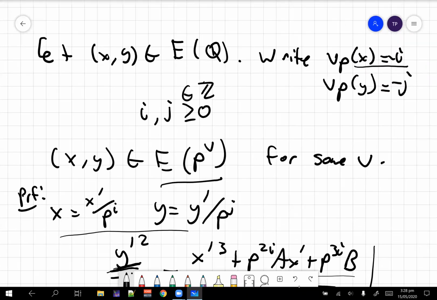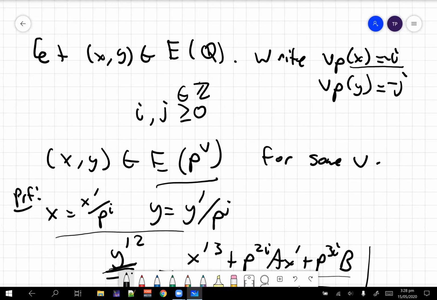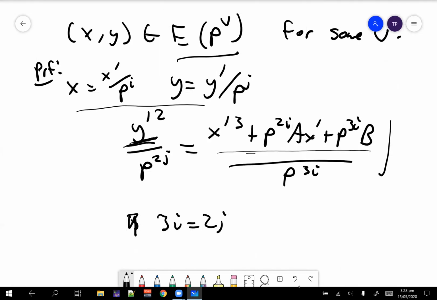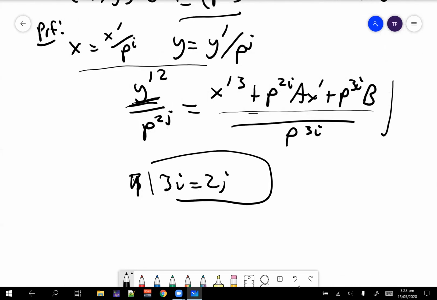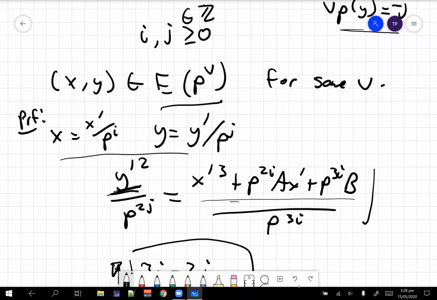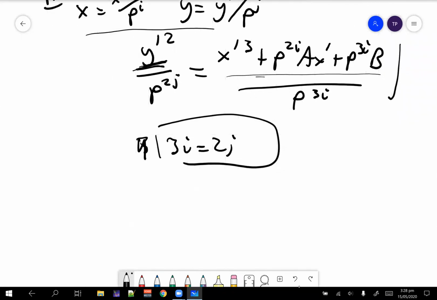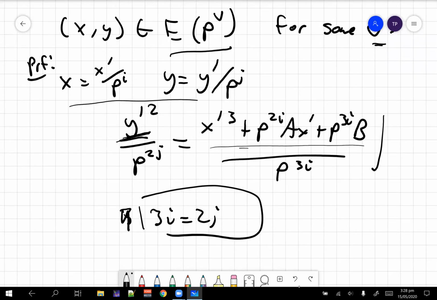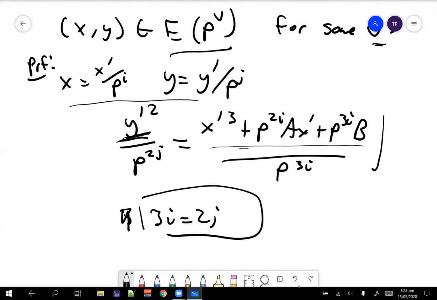So this tells us that if we have a point (x, y), then the valuations have some constraint on them given by this relationship here. And the part where v comes in, we can just explicitly write a value for v. We can actually get this v from here. I think it's something like v is twice i.